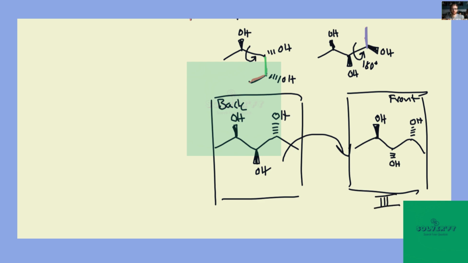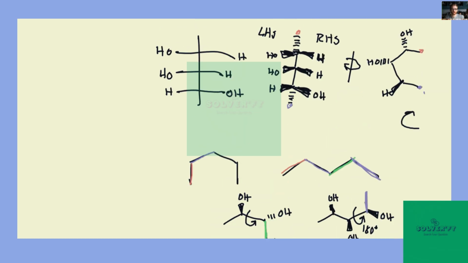So that's conceptually how to think of Fischer projections. They're very similar to the idea of if we had a banana, and maybe this banana's got arms.